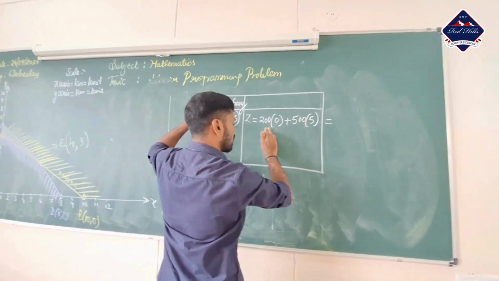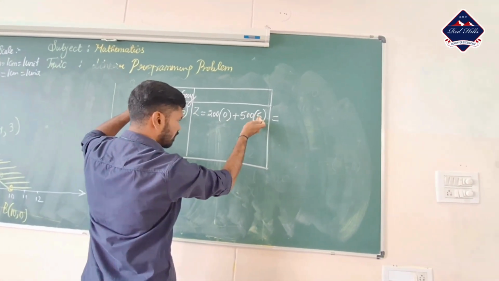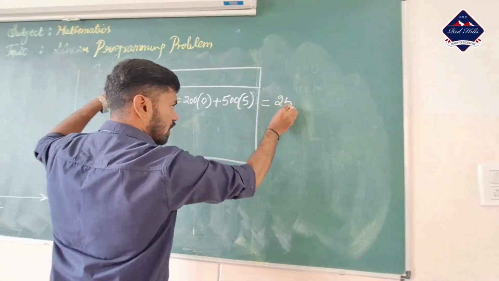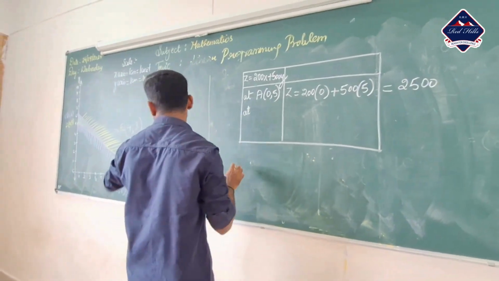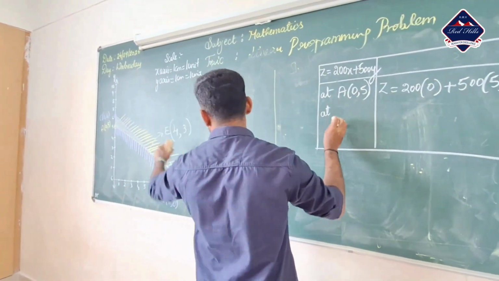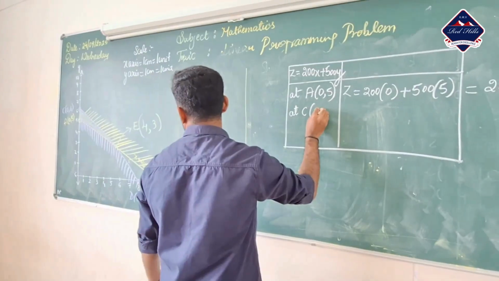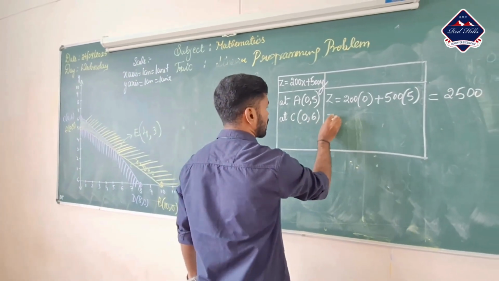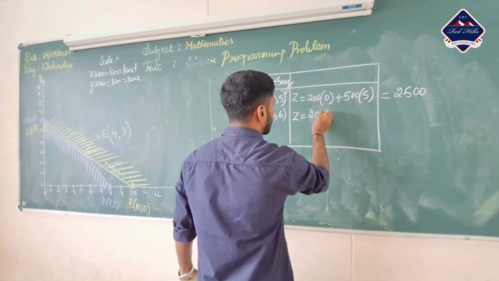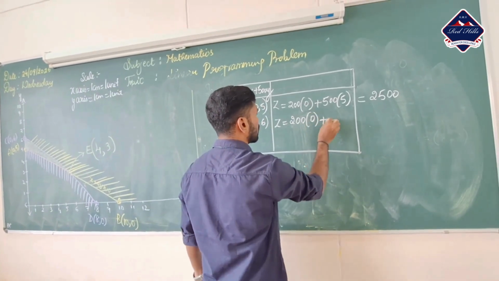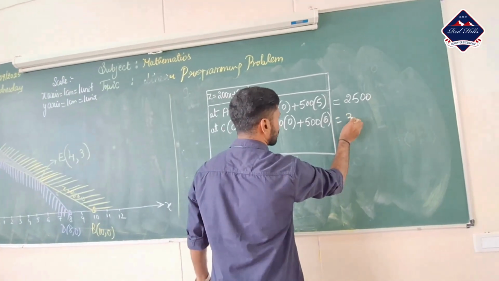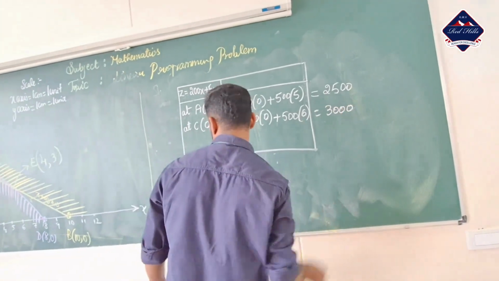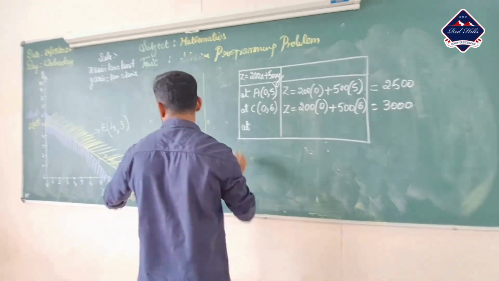What will be the answer? 200 zeros are 0. 500 into 5, 2500. Next, which is the next point? At C, (0, 6). So z is equal to 200 into 0 plus 500 into 6. That is equal to 3000. Next, which is the last point?